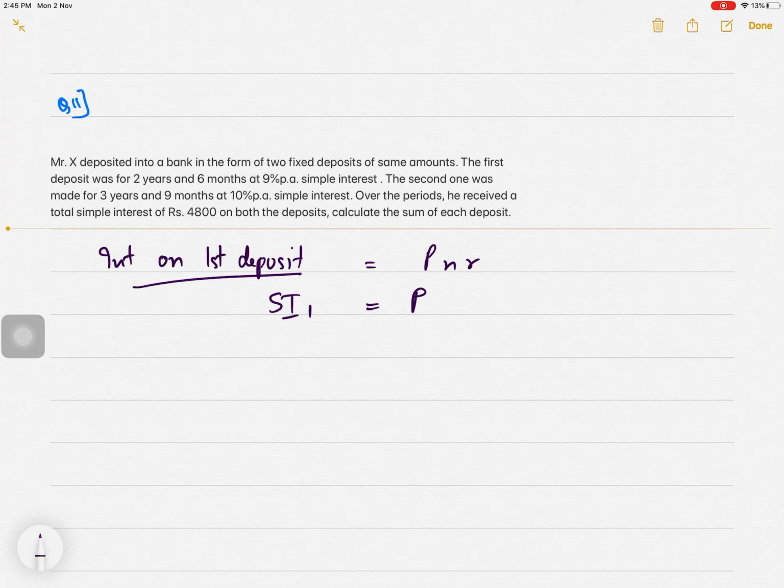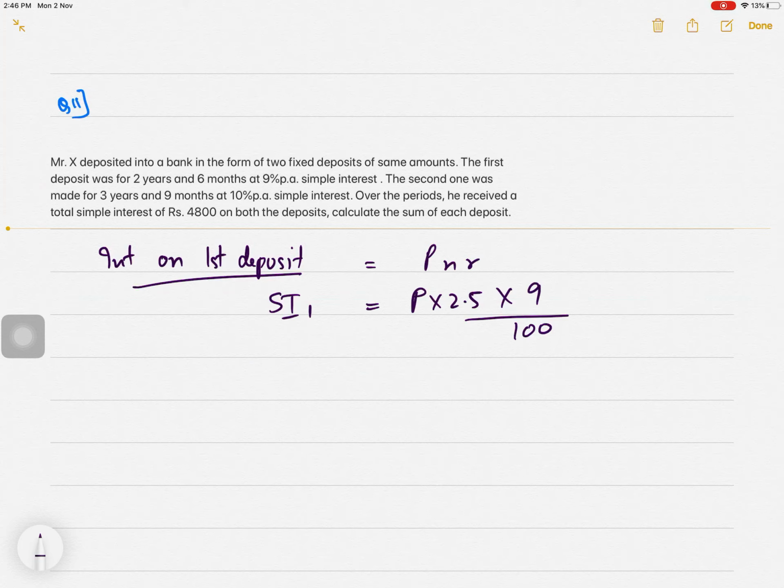First deposit was 2 years 6 months, that means 2.5 years, correct? 6 months is half a year, no? So 2 years and 6 months is 2.5 years. And simple interest rate is 9% per annum, so 9 upon 100.